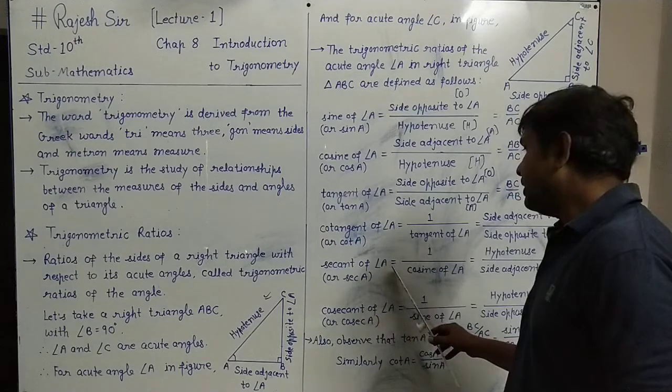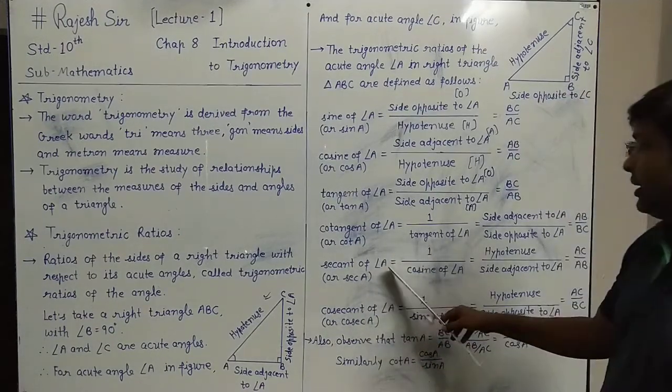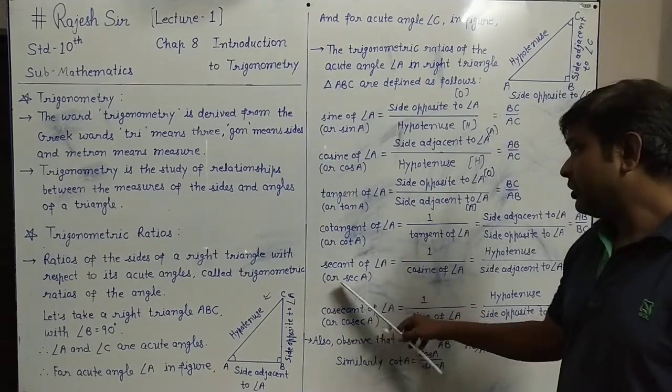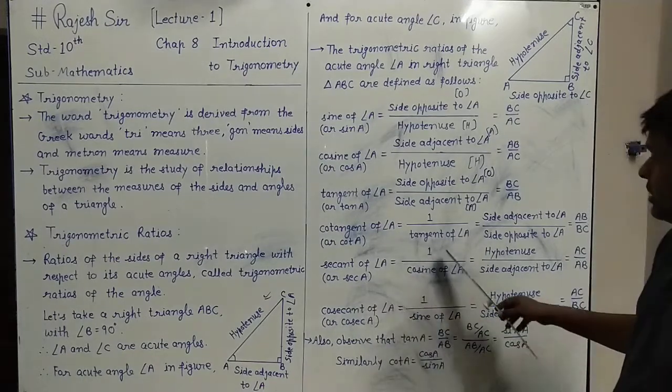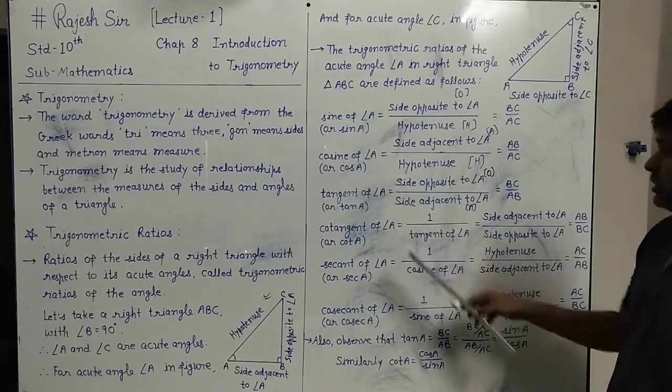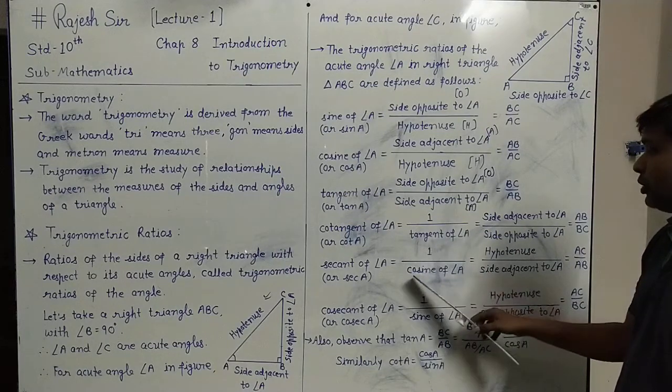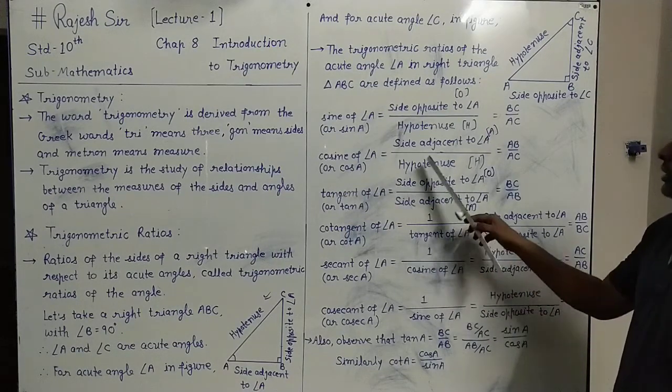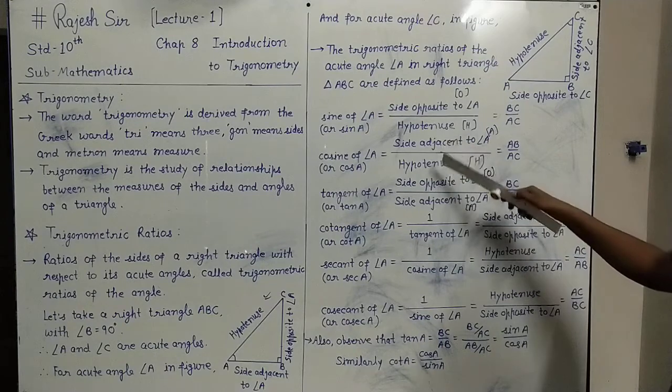Secant of angle A next. Secant of angle A is also written as sec A. It is the inverse of cosine, that is 1 upon cosine of angle A. So we have to do the inverse of this.